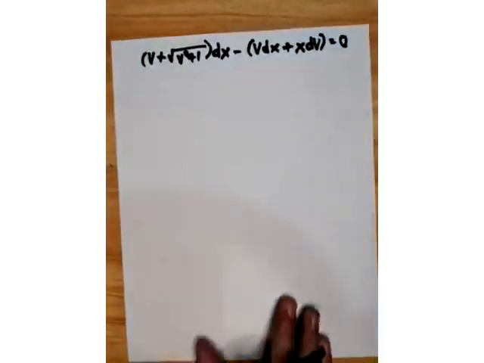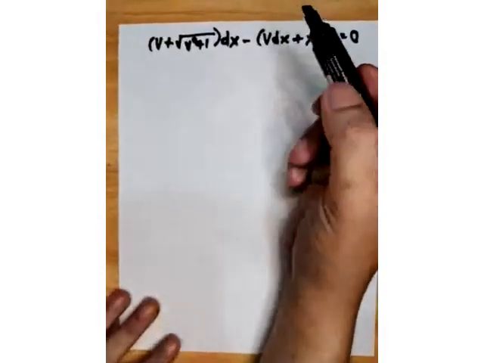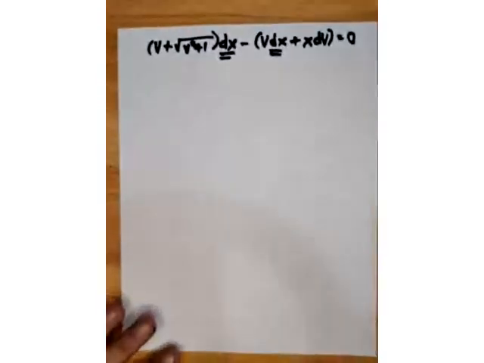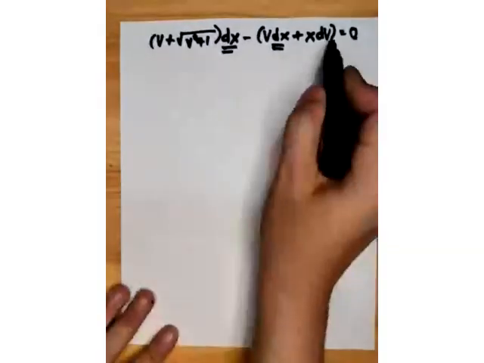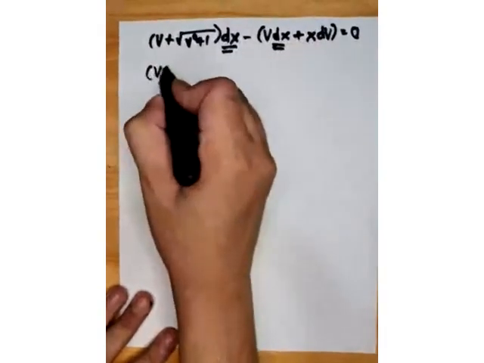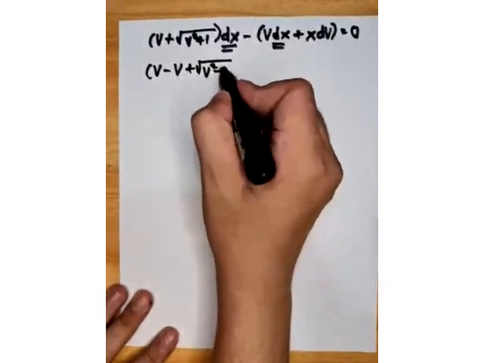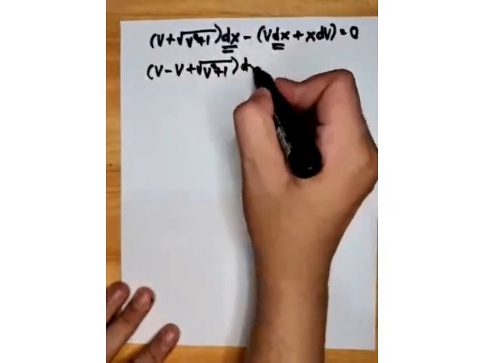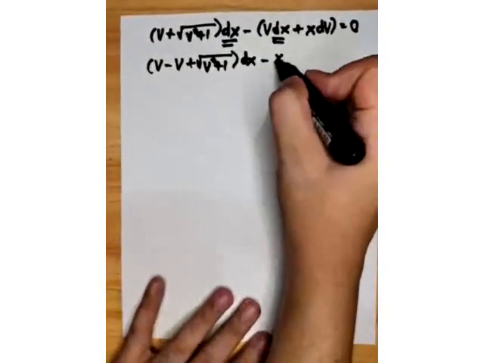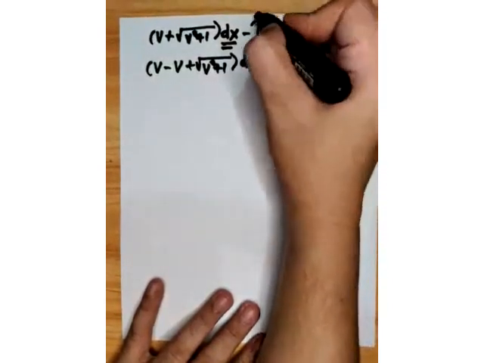Okay. Now, we can simplify. So, let's add the terms with the same dx, and the one with dv. Since we don't have any other dv, let's just add these two. So, we'll have v minus v plus the square root of v squared plus 1 dx minus x dv is equal to 0, because I distributed the negative.